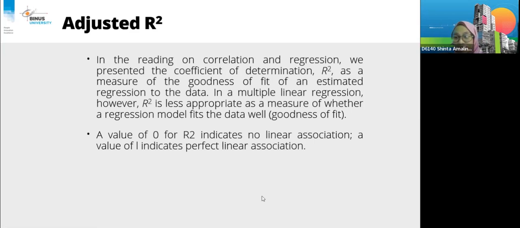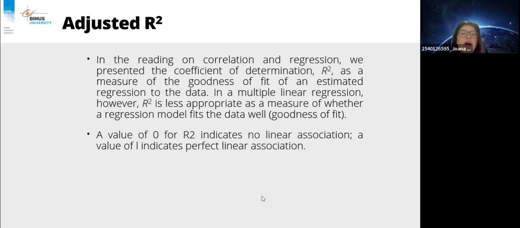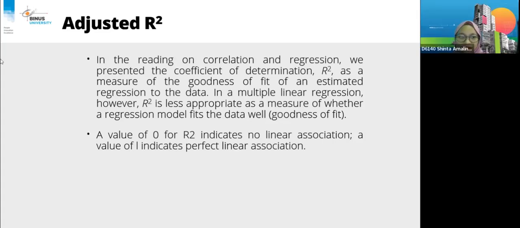Fef, maybe? Yeah, Miss. I think R square is like an indicator to see how well the independent variables can explain the dependent variable. Yes, this is a very good answer.